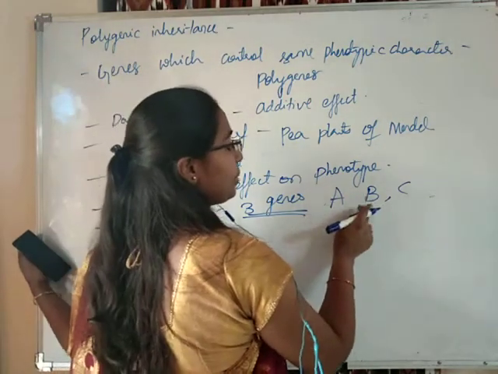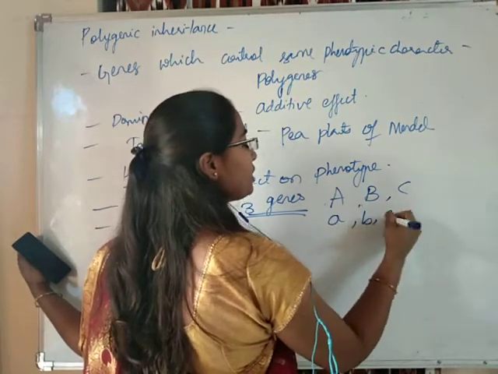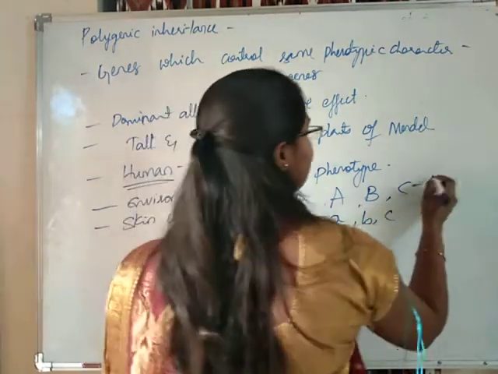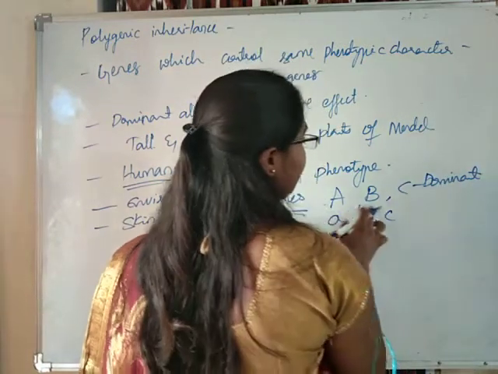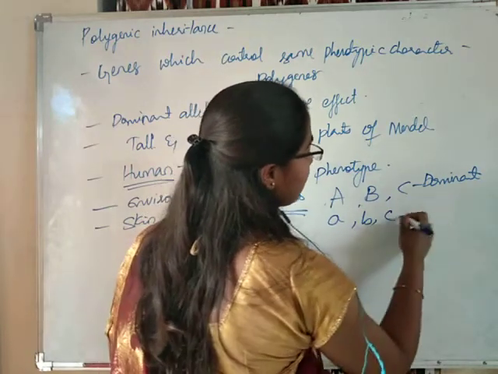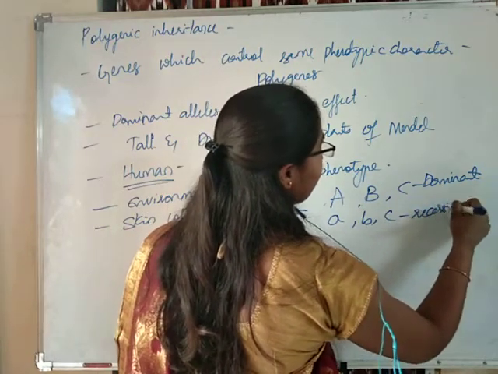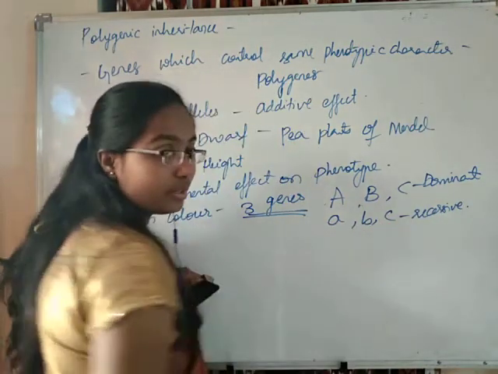Capital A, capital B, capital C are dominant alleles. Small a, small b, small c are recessive alleles.